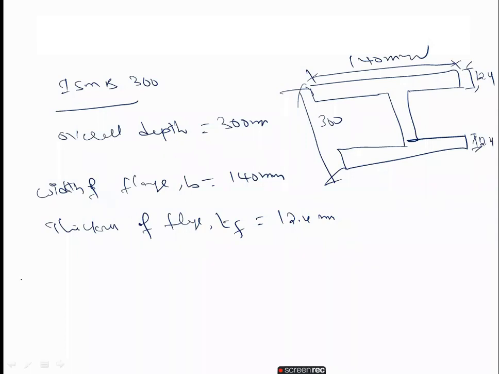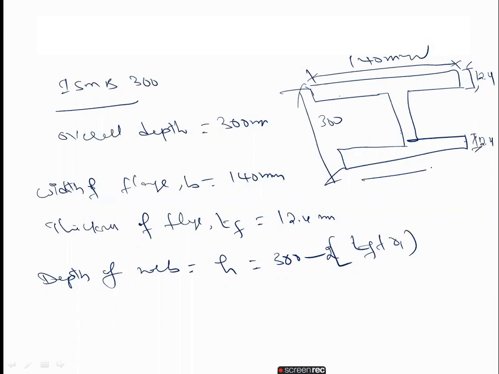Now the depth of the web. From the total height of 300, you have to remove 2 times the thickness of the flange TF plus R1. The junction is not like this; it is a curved shape, and the real one is like this.